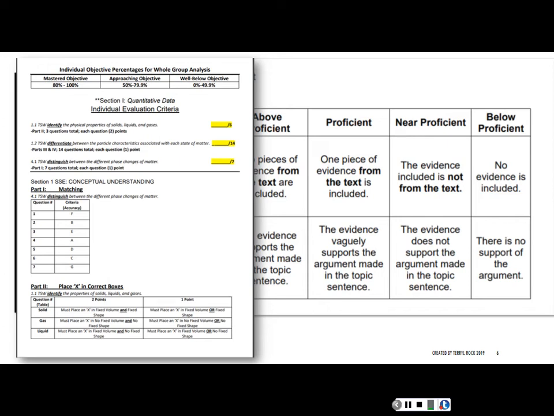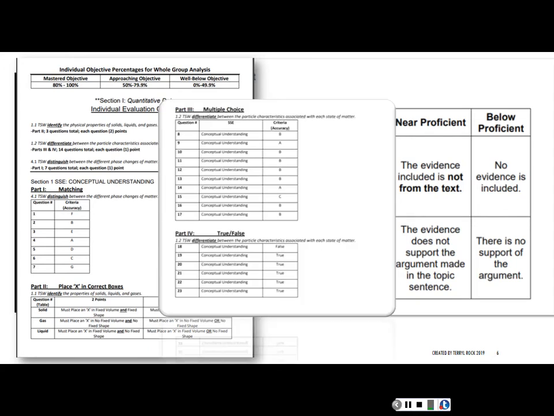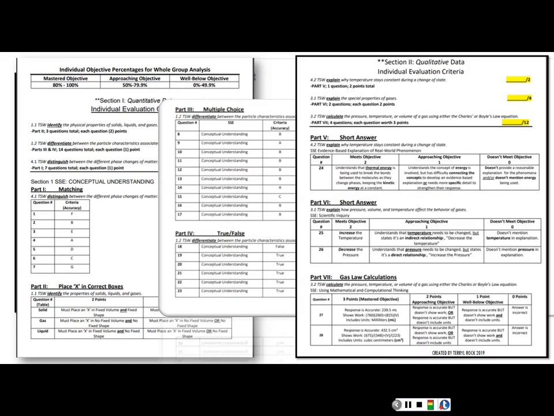She's talked about what the answer is for each of these. She's put conceptual understanding as the SSE. She's identified that. Through here, she's got short answer. She's got a rubric just for that one answer, a rubric just for these 2 answers, and then for just these 2. She's got the objectives with each of them.